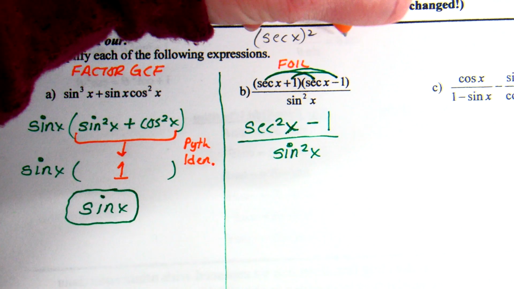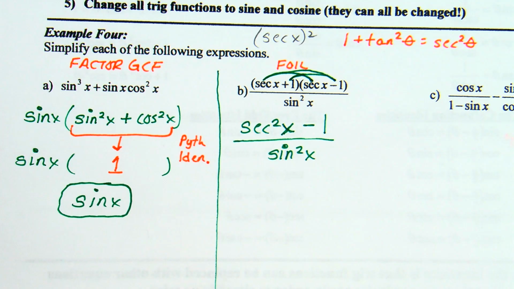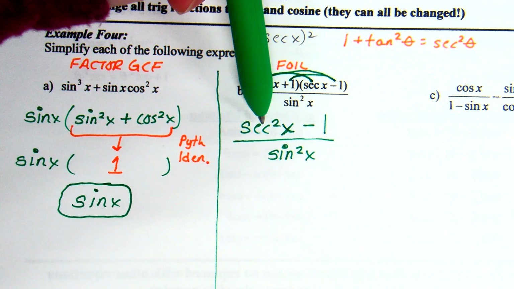Officially it reads 1 plus tangent squared theta equals secant squared theta, correct? That's kind of my side note for the moment. That's officially what it says. Use your algebra skills. What can I do if I use algebra skills here? Right here I have a secant squared minus 1.